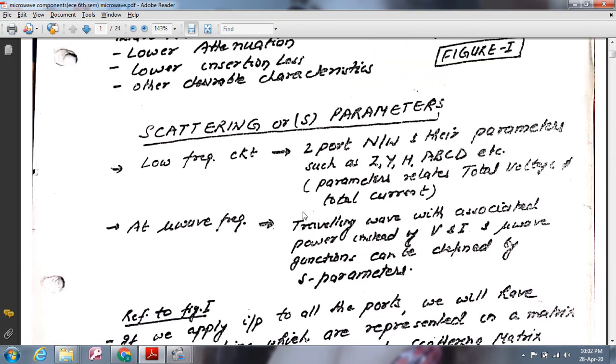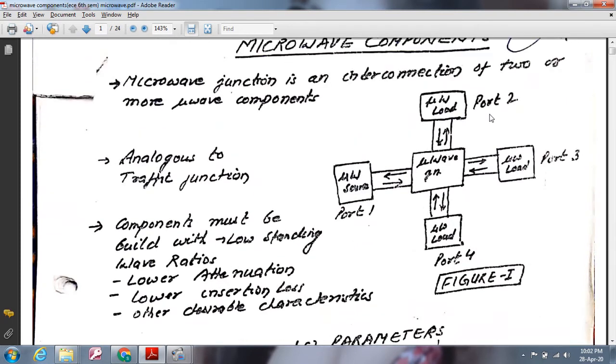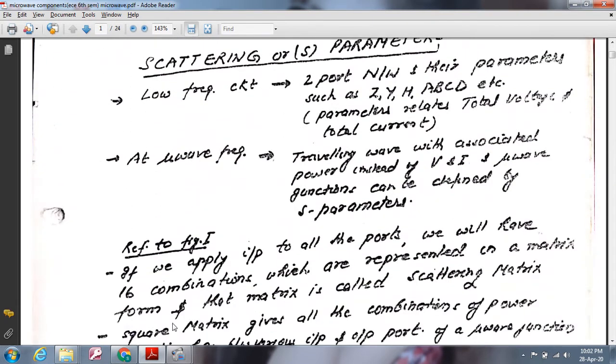Now if we refer to this figure number 1, we see if we apply input to all the ports, we will have 16 combinations which are represented in a matrix form, and that matrix is termed as scattering matrix.